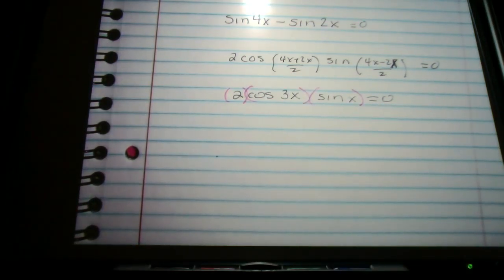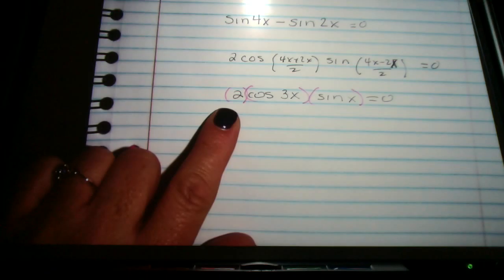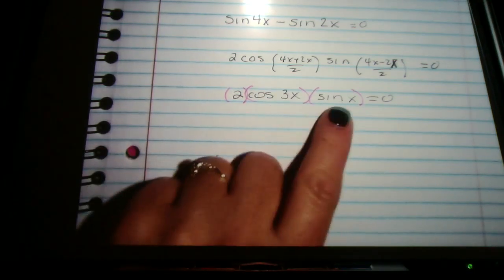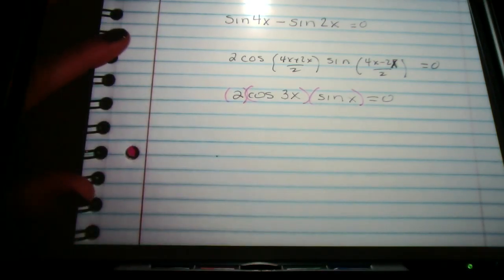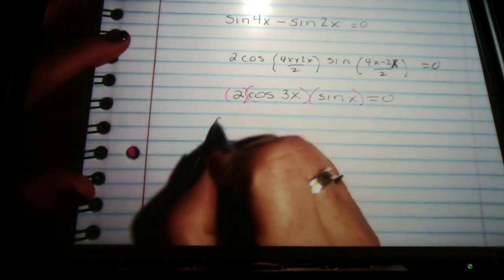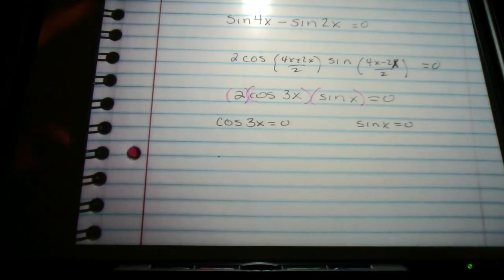Does that 2 affect my answer in any way for it to be 0? Well, it's always going to be there. It's never going to go away. But what does one of these have to be in order for it to be 0? 0.